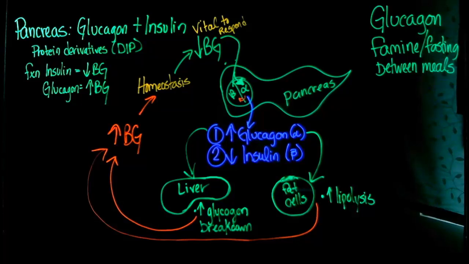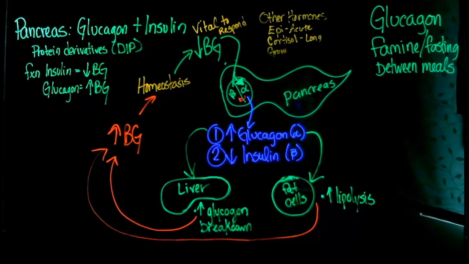Other hormones that are crucial to supporting blood glucose levels include epinephrine as an acute stress hormone, and cortisol, which is important to elevating glucose levels prior to arousing the brain in the morning, but also as a long-term stress hormone. Other hormones like growth hormone continue to be secreted even through adulthood in order to support blood glucose levels, in addition to those stress hormones and in addition to the glucagon.